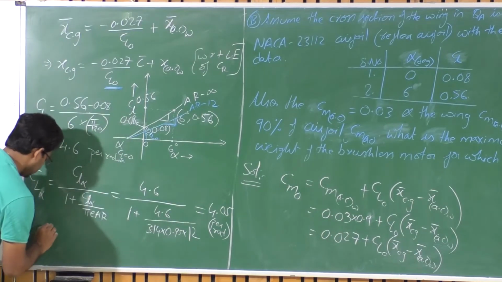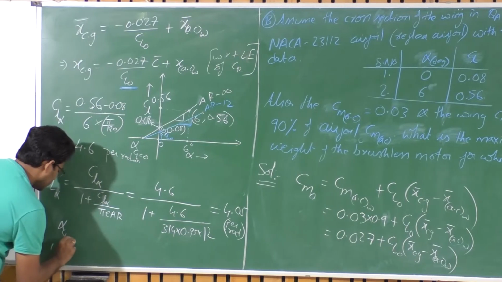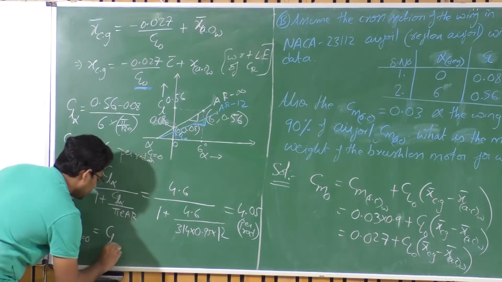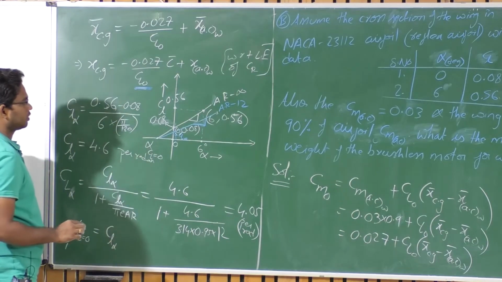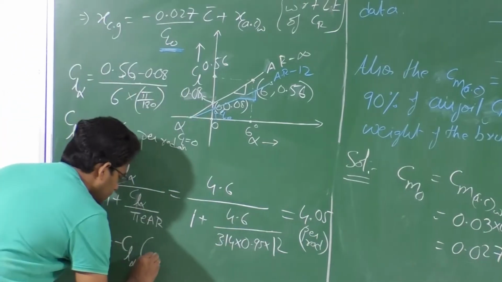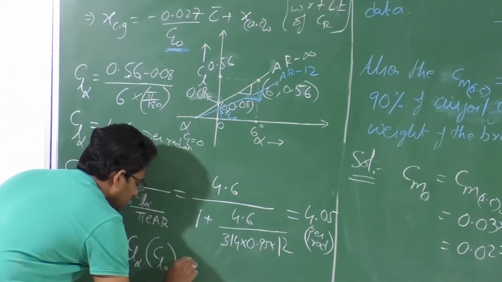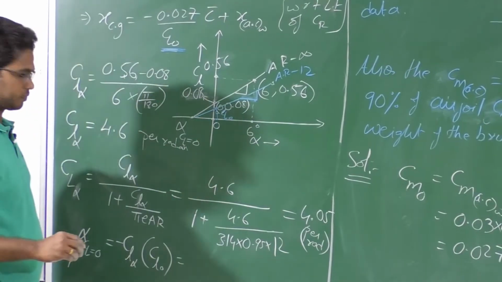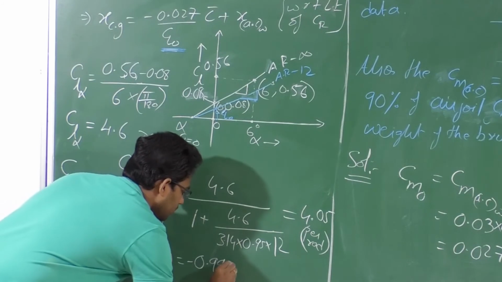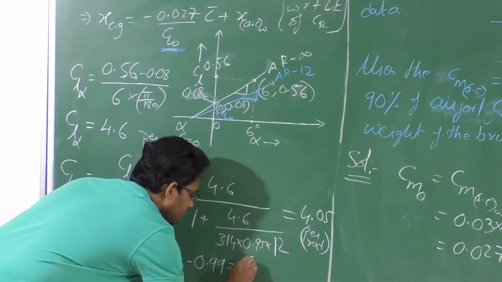So alpha at which CL is equal to 0 is equal to minus CL at alpha 0, or CL naught, divided by CL alpha 2D, right? What is the value? Minus 0.99 degrees, which is approximately minus 1 degree.